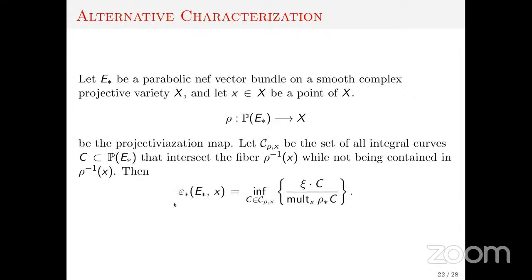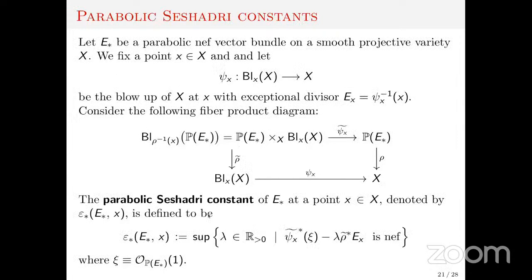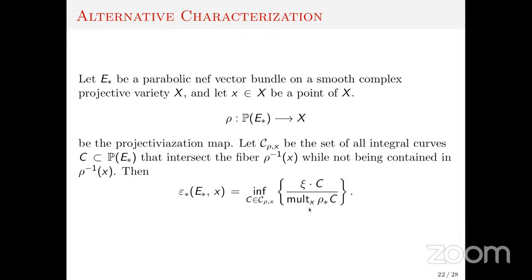Then one can show that the Seshadri constant that we have already defined is equal to the infimum of xi dot C, where xi, if you go back to the previous slide, was the numerical class of O1 on P of E star, divided by the multiplicity of rho star C. So rho star C is a curve here, and it passes through the point x because it intersects the fiber rho over x.